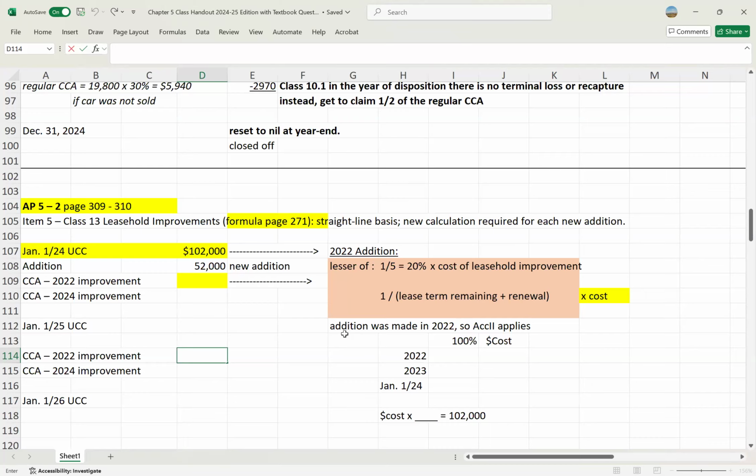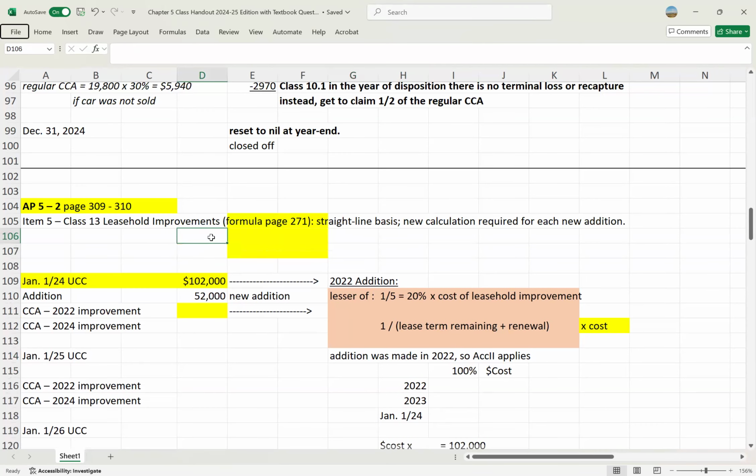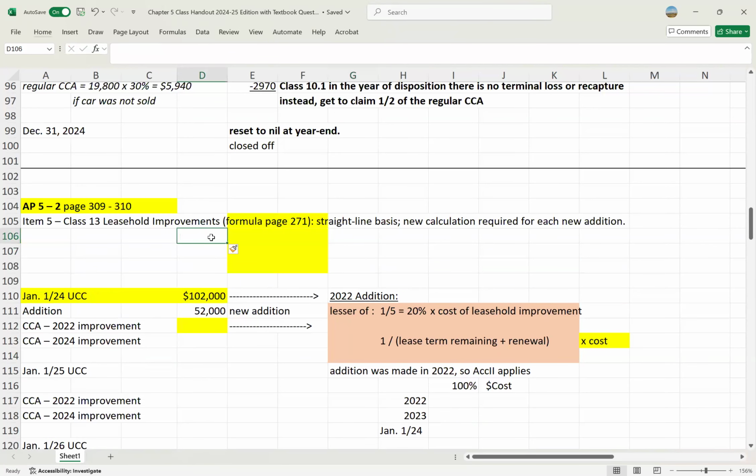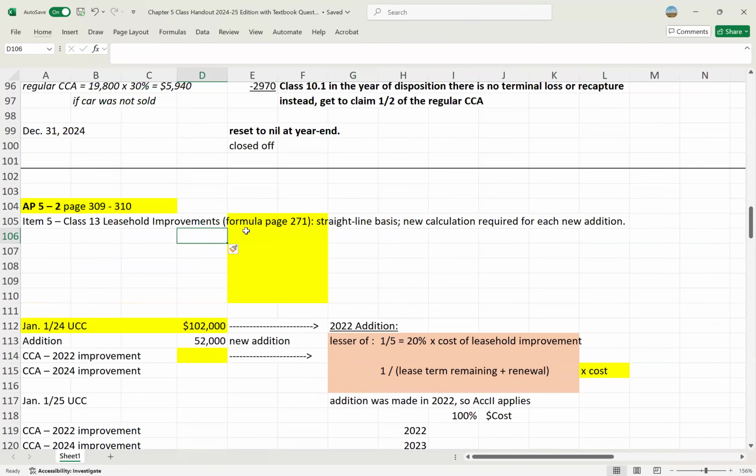So the 102,000, the beginning amount, was from a 2022 addition. So we know that we would have taken CCA in 2022 and also 2023 in order to get to this 102,000. Let me show you what I mean by that.